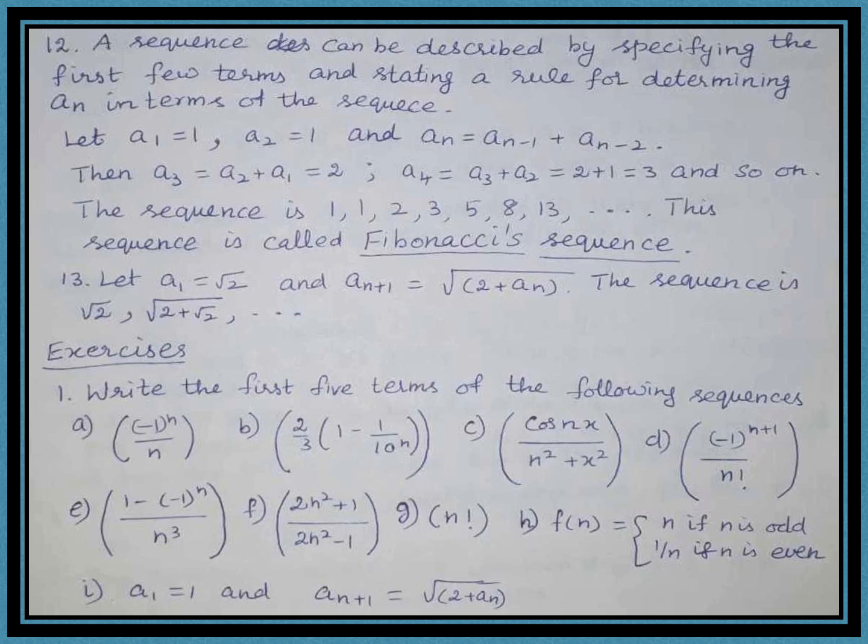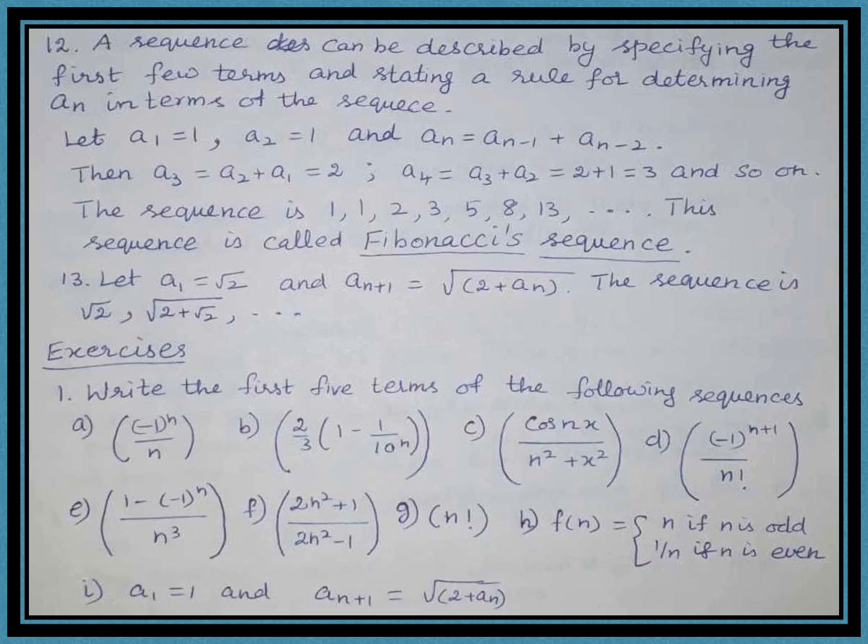Till now, we defined a function and from that function we found the sequence. We can also give a few terms initially and give a rule for finding the remaining terms of the sequence. In this sequence, we are defining a1 = 1 and a2 = 1. And we give the rule as a_n = a_(n-1) + a_(n-2).